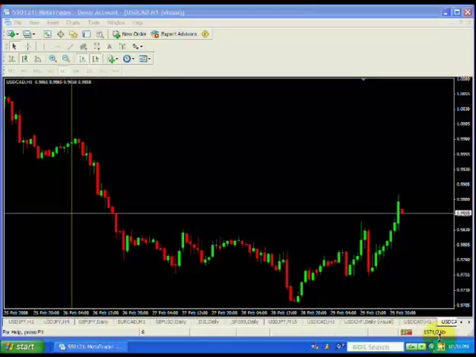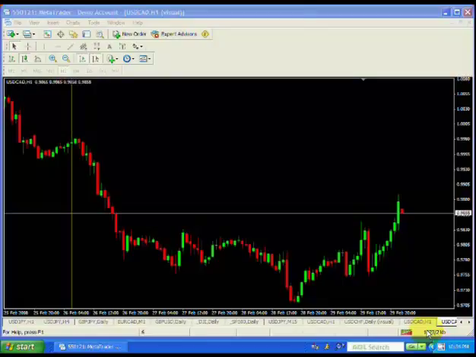Now, when we talk about dynamic support and resistance, it's a little bit different from when we talk about major support and resistance and minor support and resistance. Dynamic support and resistance can be considered as support and resistance levels that are being threaded in between major and minor support and resistance levels.